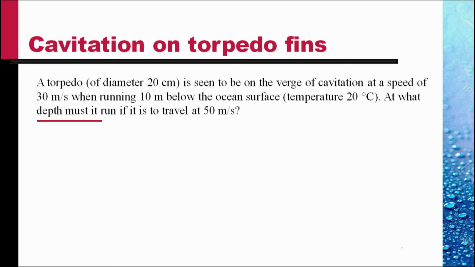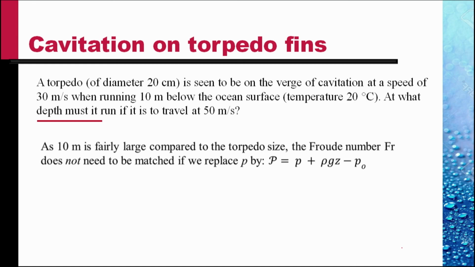At what depth must the torpedo run if it is to travel 50 meters per second? If we want to run it faster, then the pressure difference would be larger. So if cavitation does not have to occur, the ambient pressure should be larger. So depth of the torpedo run must be more.